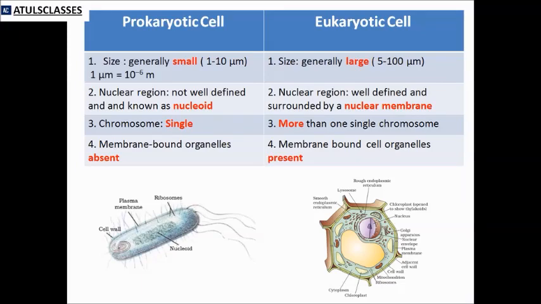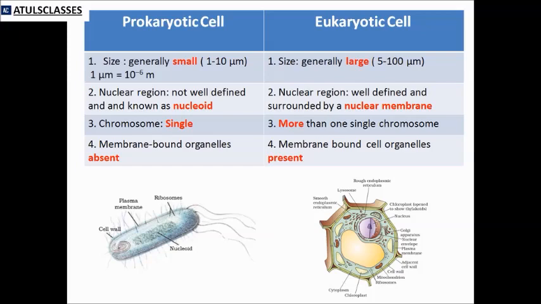The nuclear region in a prokaryotic cell is not well defined and is known as the nucleoid, but it is well defined and surrounded by a nuclear membrane in eukaryotes. There is a single chromosome in prokaryotes, but more than one in eukaryotes.